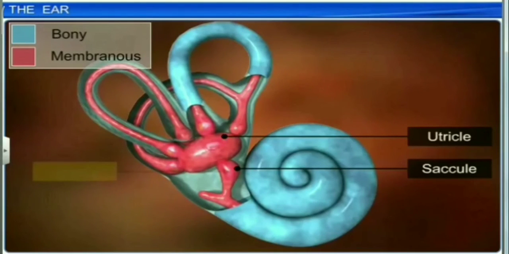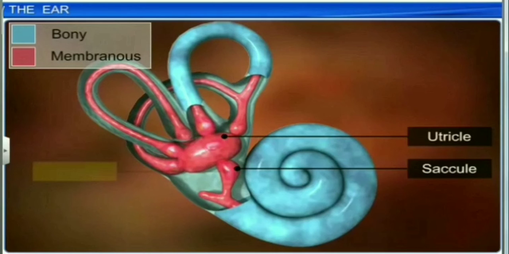The vestibule has two sensory spots, macula of saccule and utricle. The macula consists of hair cells and supporting cells. Tips of the hair and cilium project in a thick gelatinous sheath, the otolithic membrane.